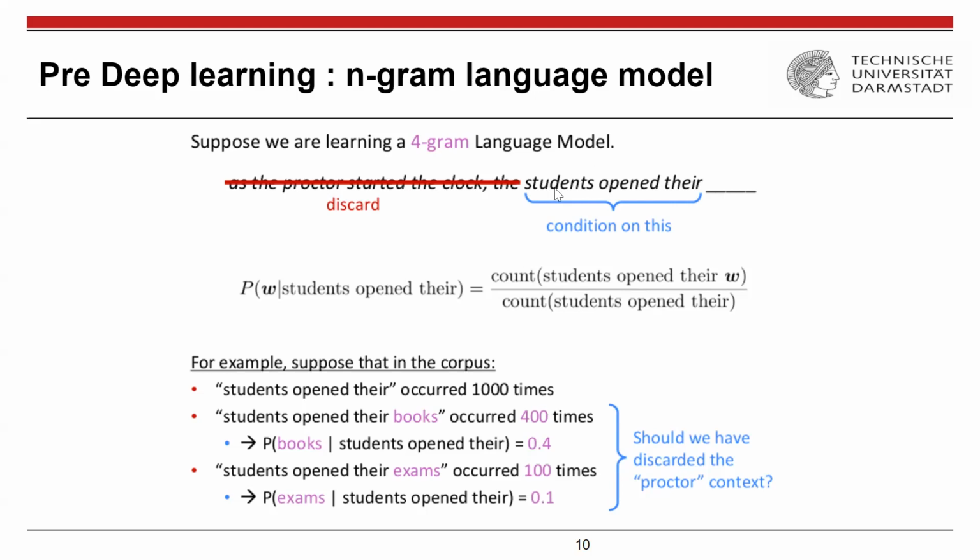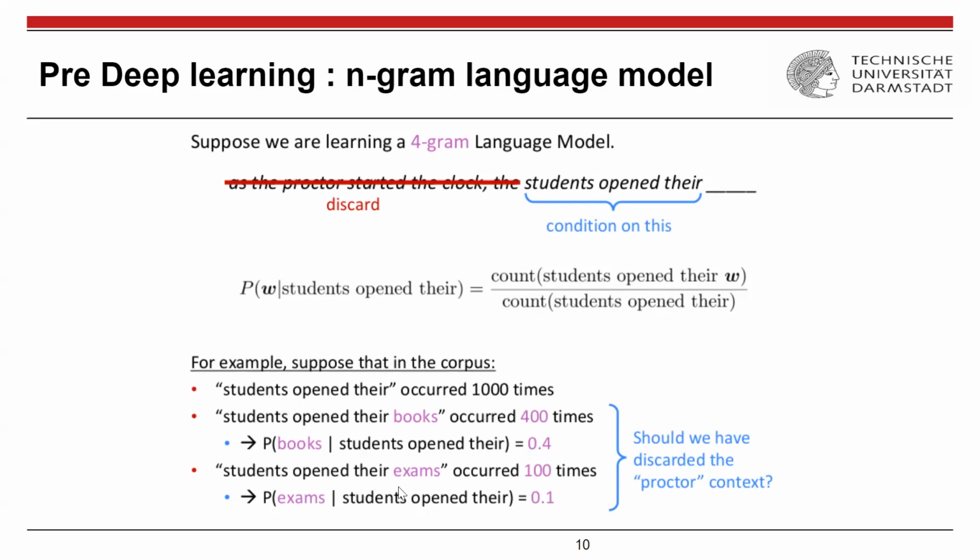Then using these 3 words you will try to predict the 4th word, and you will just count all the 4 words in the sequence, and then divide it by the denominator. So that is what is basically done while you are computing the 4-word n-gram language model.